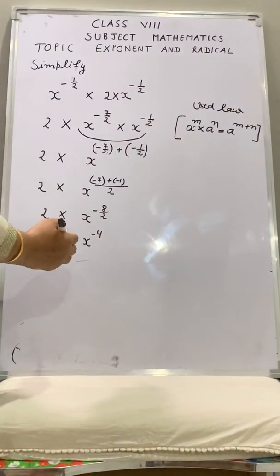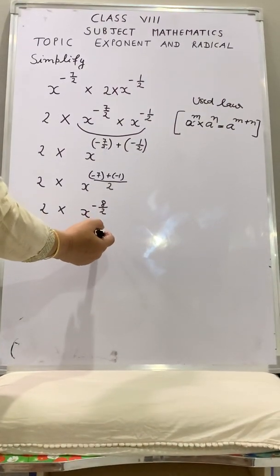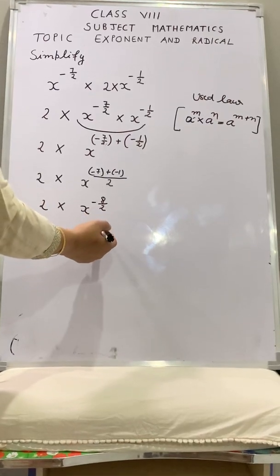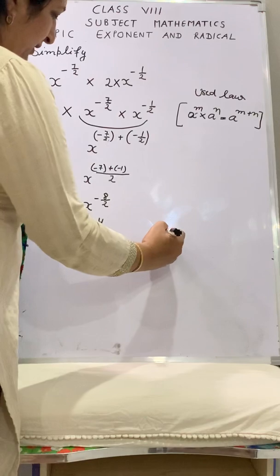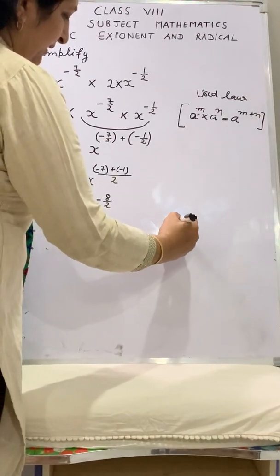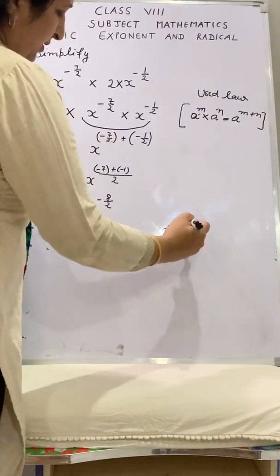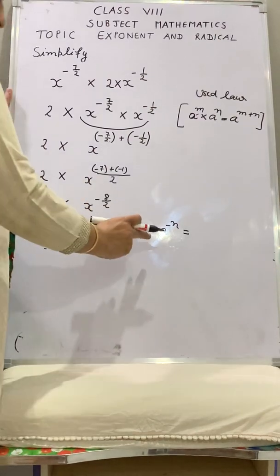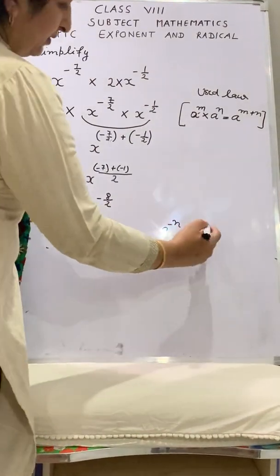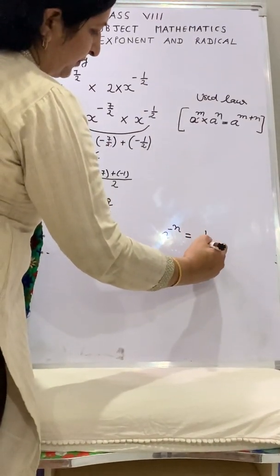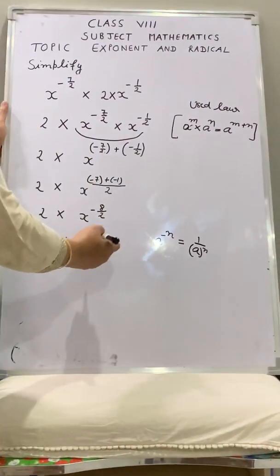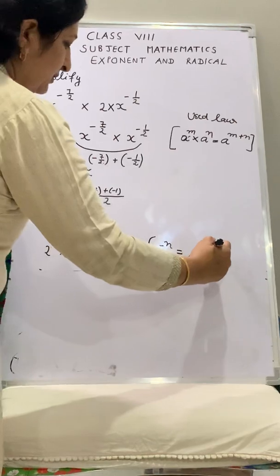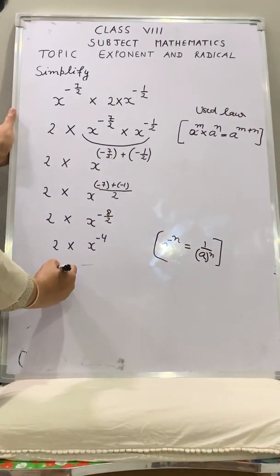Now here the exponent is negative. We make it positive. What law is applicable here? a raised to power minus n is, we will take the reciprocal of base, 1 by a raised to power n. Same we write here, 2.